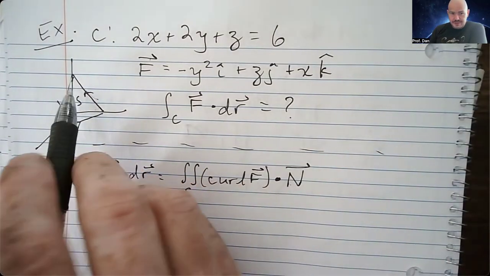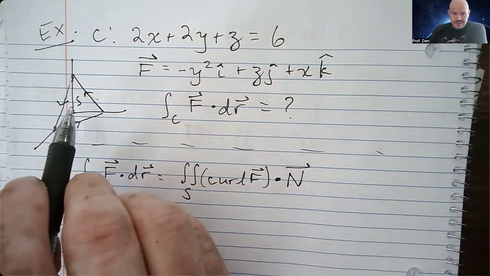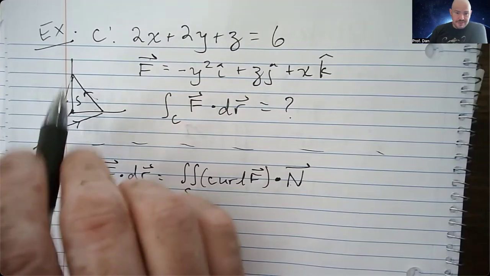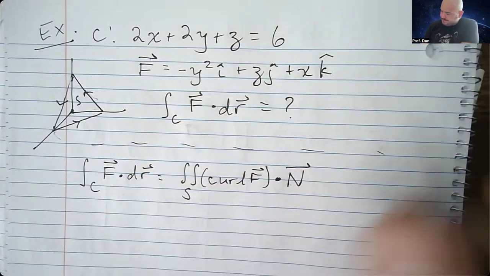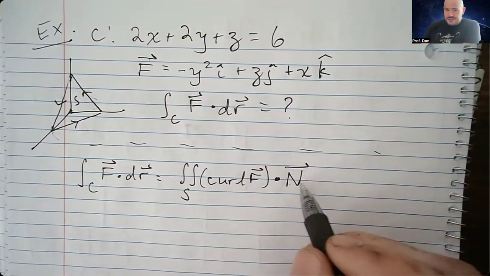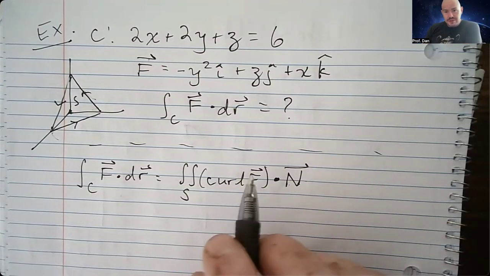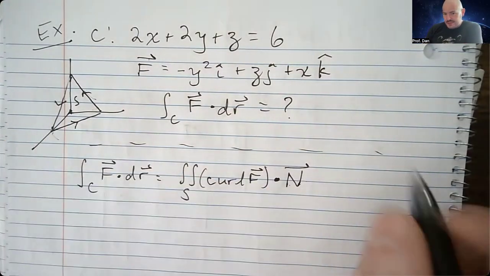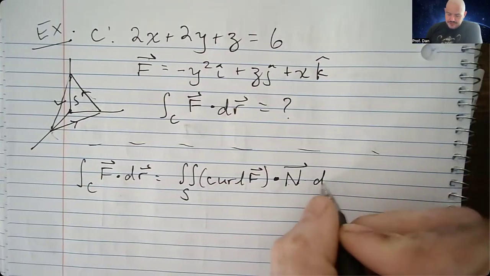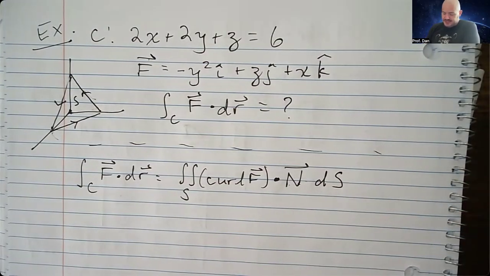Because this is a plane region, n would be orthogonal to the surface at any point because it's flat. But this is a general thing that can also be done pointwise for surfaces that are not flat. And we're doing this with respect to the surface S.